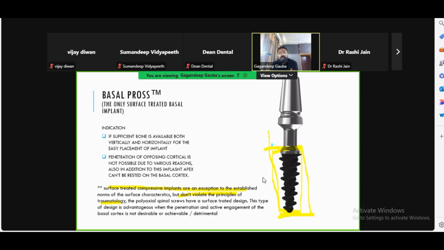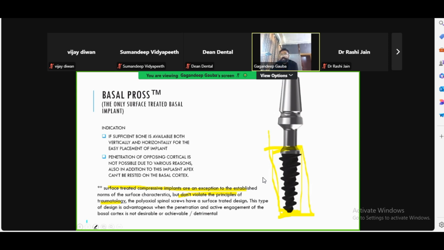With polyaxial screws, perforation of the secondary cortex is not at all desirable, right? Because there are certain vessels and nerves present on the medial side. Then the engagement of the second cortex is not at all possible. So this is why they also use a surface treated design.